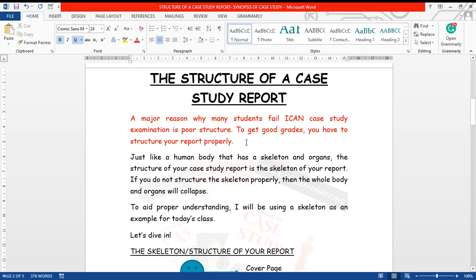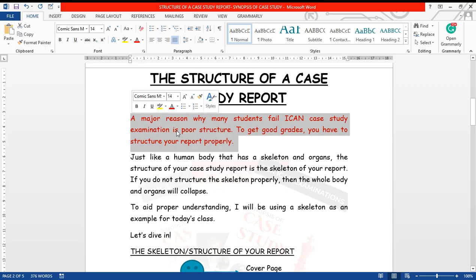A major reason why students fail the ICAN case study examination is poor structure. That's just the reason why people fail. It's not that the person did not read, or is not learned enough, or did not study hard, but because the person did not put a proper structure. Imagine somebody having legs up and the head down.